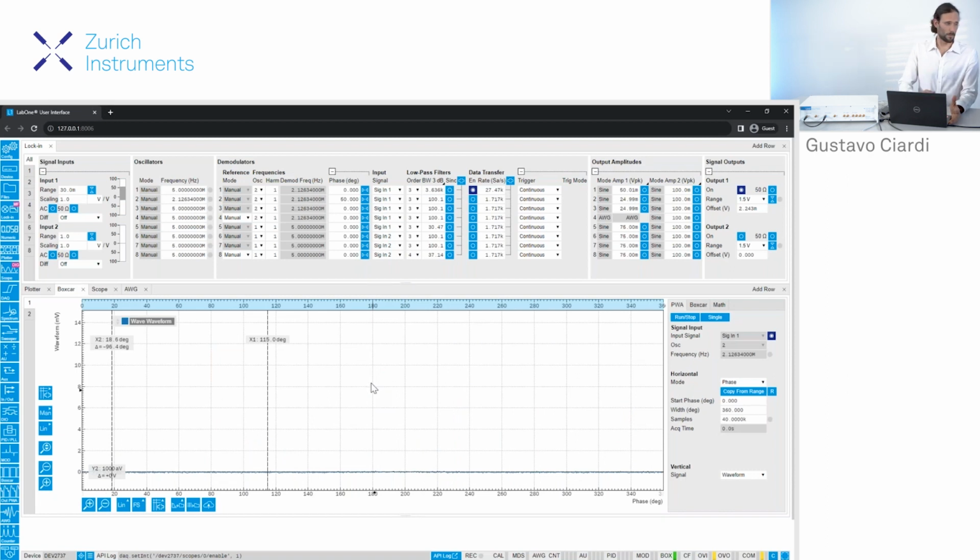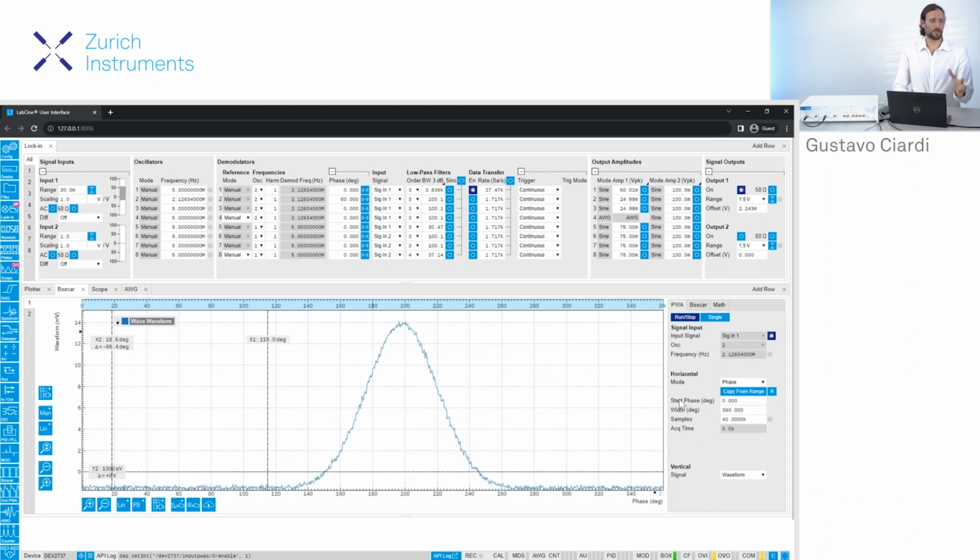So let's now start with the Boxcar. The Boxcar units on our instruments have the so-called periodic waveform analyzer, PWA. If I now run the PWA, what I see here is only one single pulse.